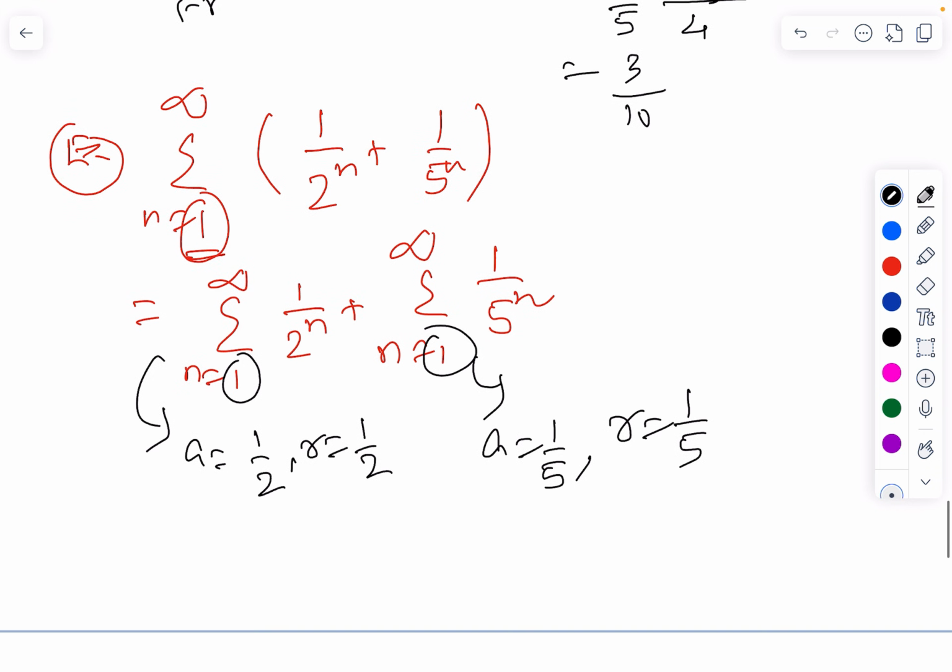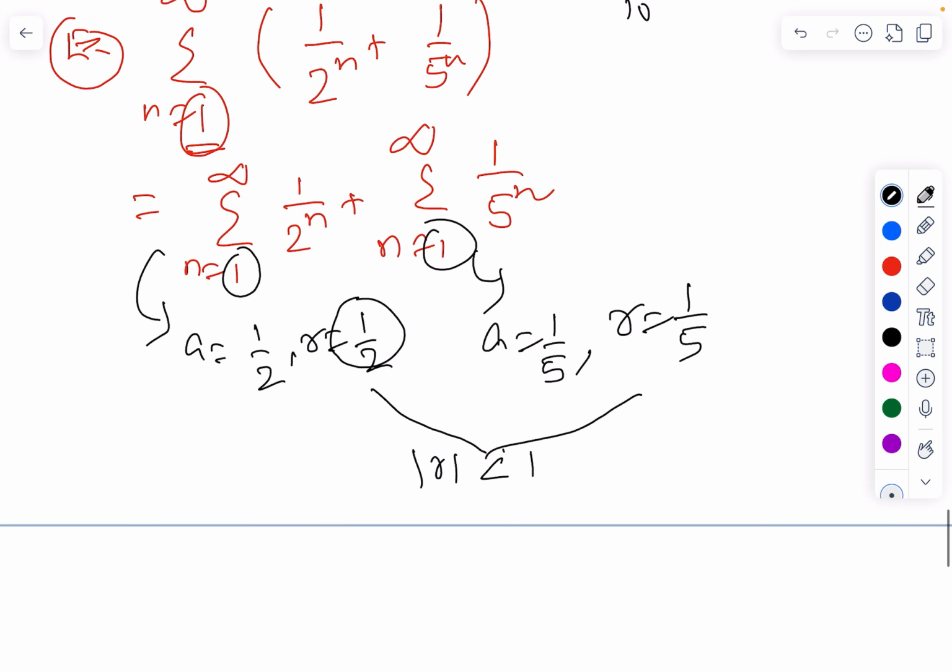Okay. And in both the cases, modulus r is less than 1 because here 1 by 2 and here 1 by 5. So both the series are convergent. So the sum of convergent series is also convergent. Okay. So therefore, given series is convergent.